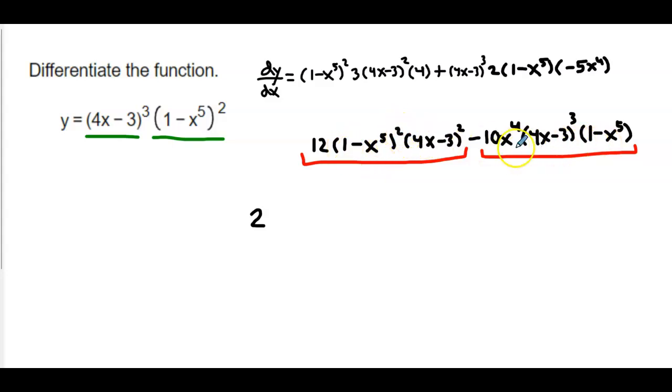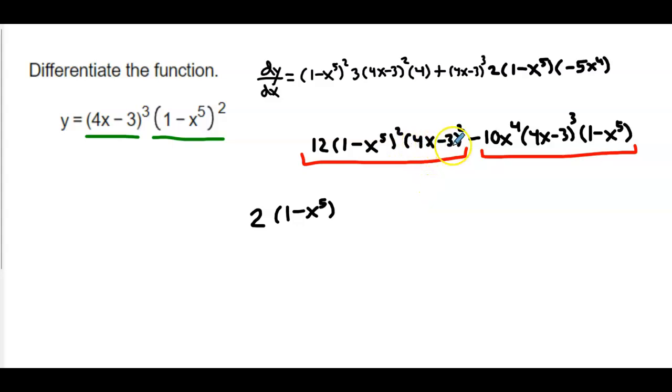In the second term over here, we've only got one of them because it's being raised to the first. So as far as what's common to both, what we can pull out, we can only pull out one factor of 1 minus x to the fifth. Another way to think of this is pull out the smallest exponent across the two factors, right? So 1 minus x to the fifth to the first. So we're only going to pull out one of them.